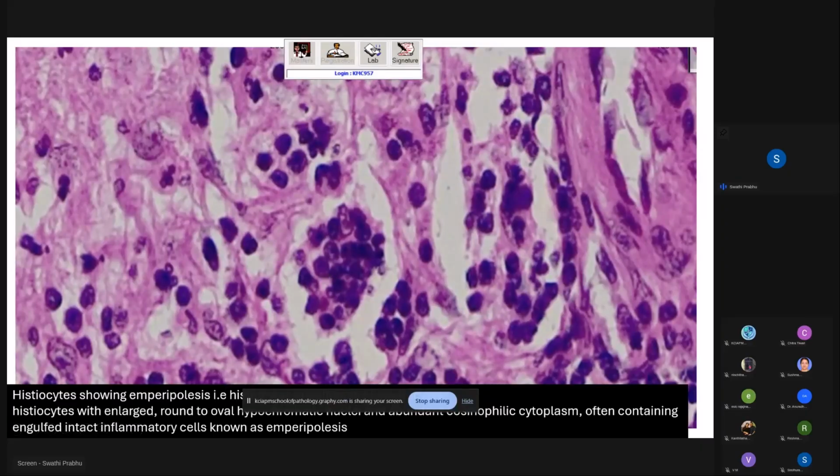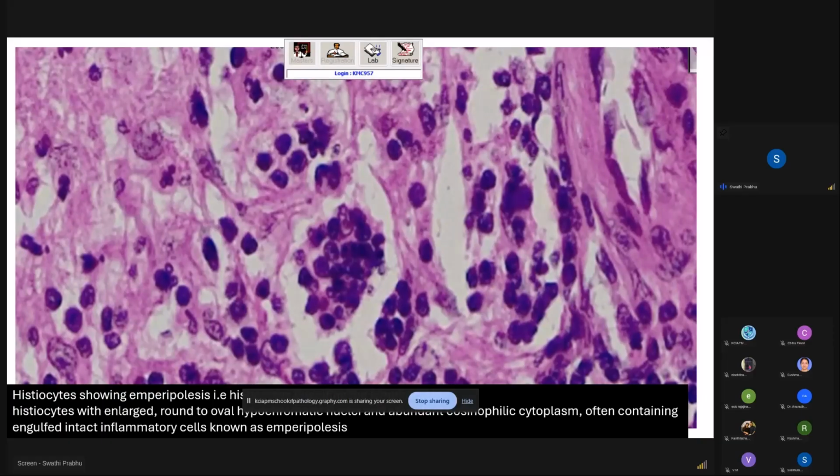Whereas in tingible body macrophages, there is debris of cells present within the macrophage. Also, one characteristic finding of Rosai-Dorfman is that the nucleus of the sinus histiocytes will have very prominent nucleoli, compared to a normal or reactive lymph node where such prominence will not be present.